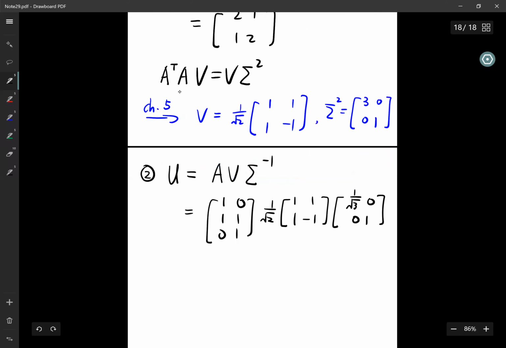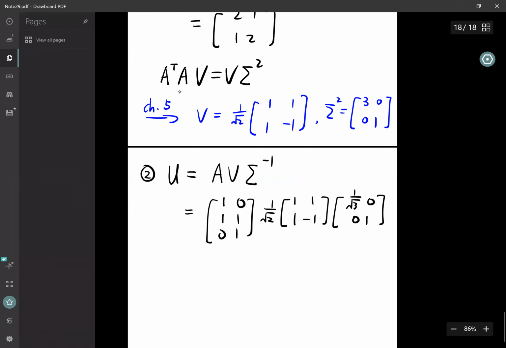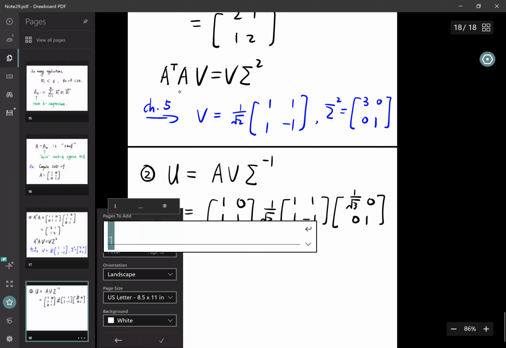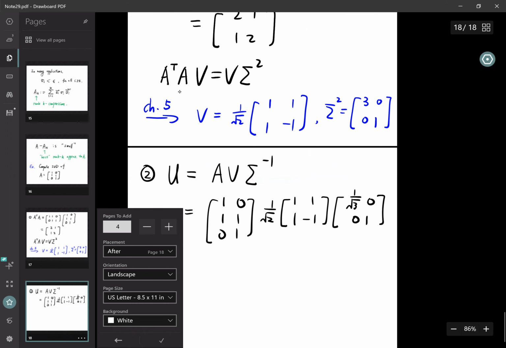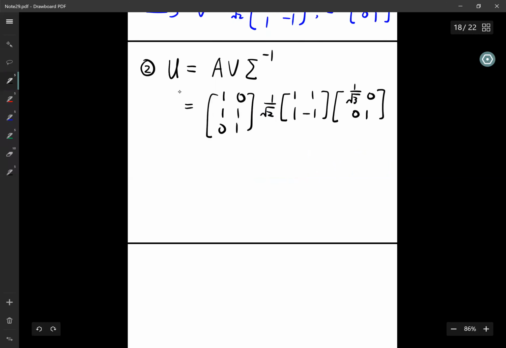It's quite suspicious whether this is a real orthogonal matrix, but nonetheless, we can just carry out the calculation.